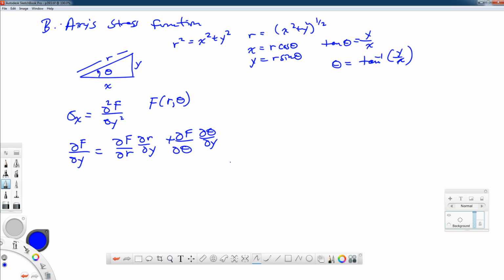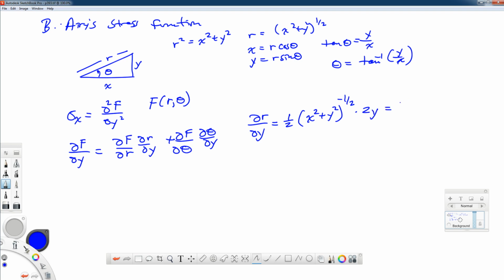Well, let's look at some of these terms. Let's look at the partial of r with respect to y. We have our expression for r. From calculus, we take the derivative of that. We'd have 1/2, and we're going to have an x squared plus y squared inside of there to the minus 1/2, and then we're going to have a 2 times y.